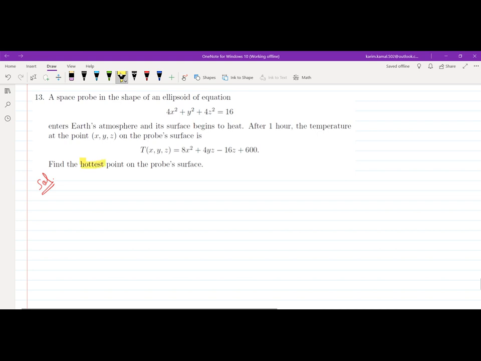Here we have to find the hottest point, which means that we have to find a location or coordinates for x, y, and z on this function, which is capital T of x, y, and z. And here also, since we have a constraint equation, which is this one, and a function of several variables, exactly 3 variables, we have to use the Lagrange multiplier method.